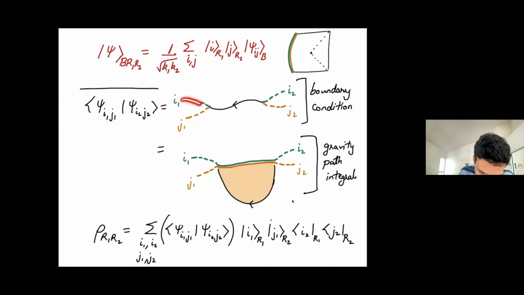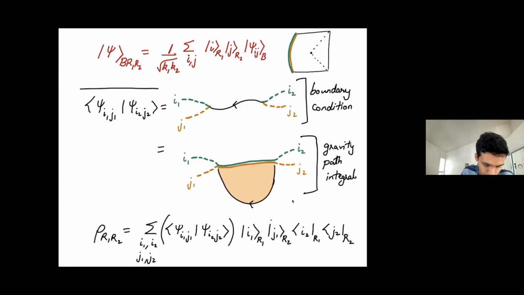And then we have these labels I1, I2, J1, and J2, which label these indices of the end of the world brane. This sets the boundary conditions. And then the way we compute this is by filling in the asymptotic boundary conditions with some saddles or some geometries, and we integrate over all of these geometries.